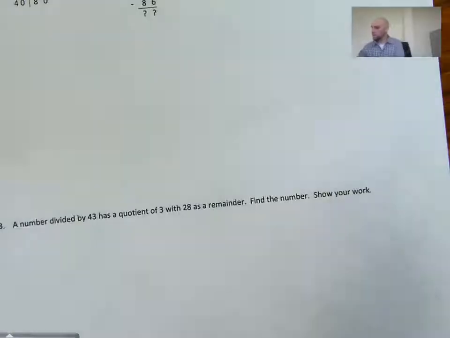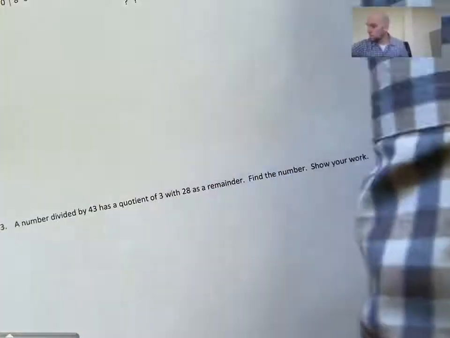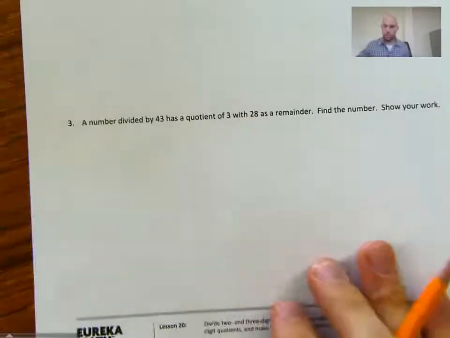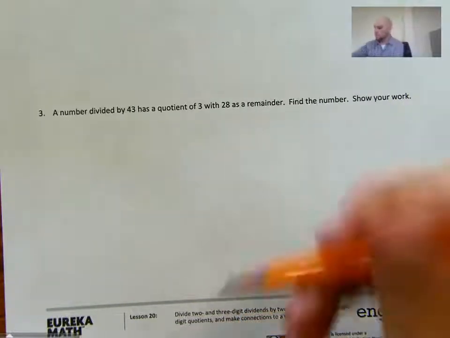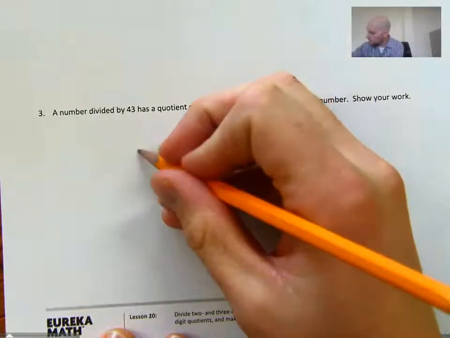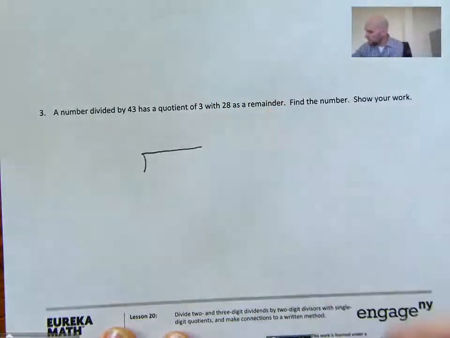All right, then let's try one as a word problem here. So we'll do this number 3 right here. It says a number divided by 43 has a quotient of 3 with 28 as a remainder. Find the number. So I'm going to draw my box here for my division.